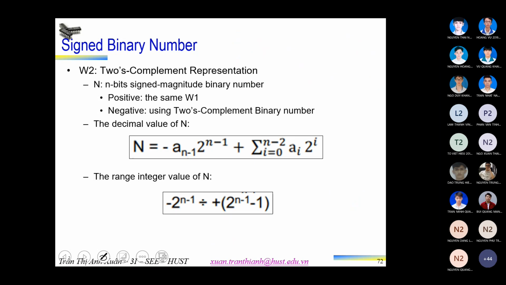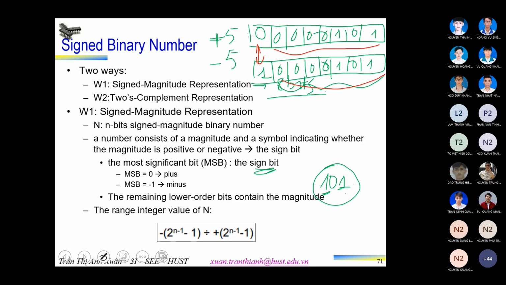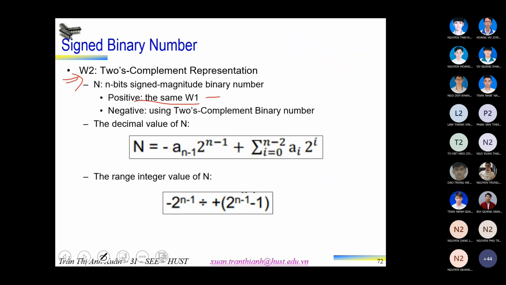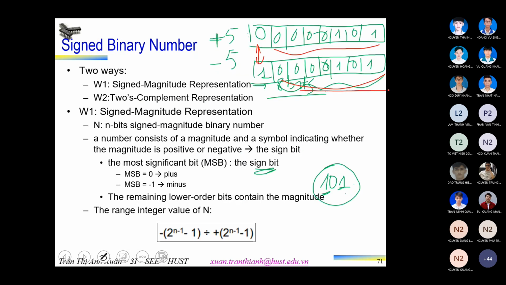Second way, we use the 2's complement representation. For the positive number, this way is the same as the first one. That means we use the sign and magnitude: MSB equals 0, and the remaining bits express the magnitude.